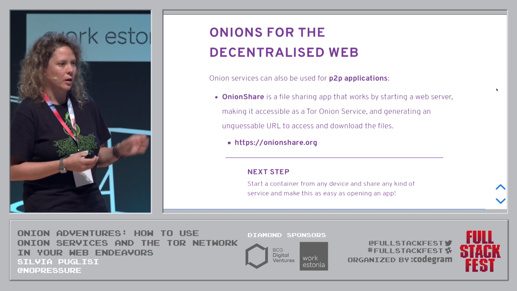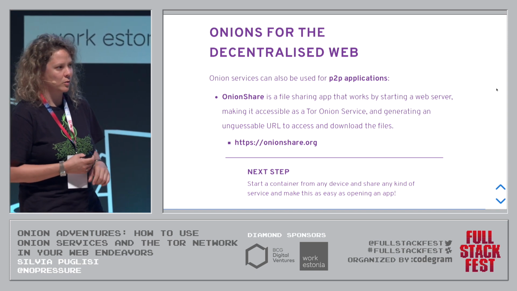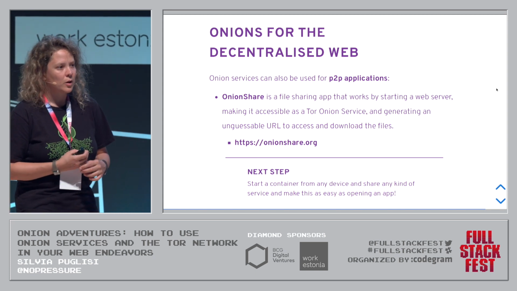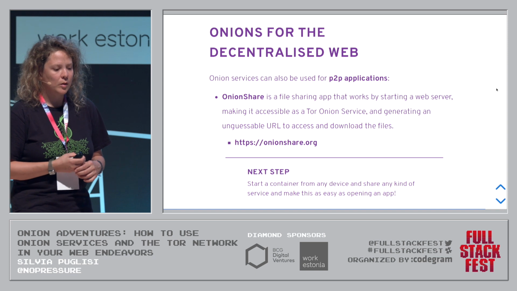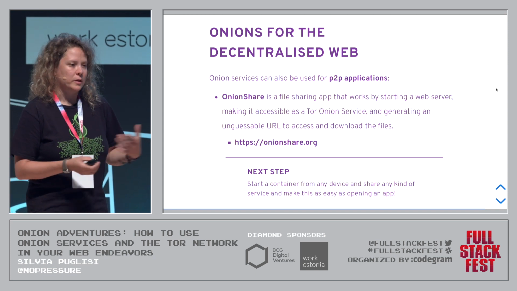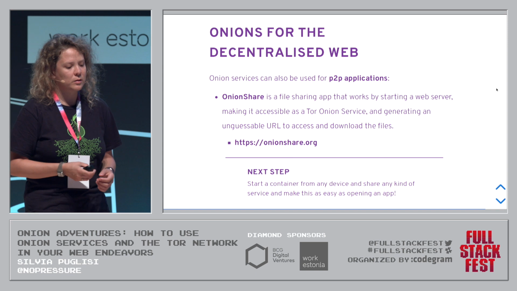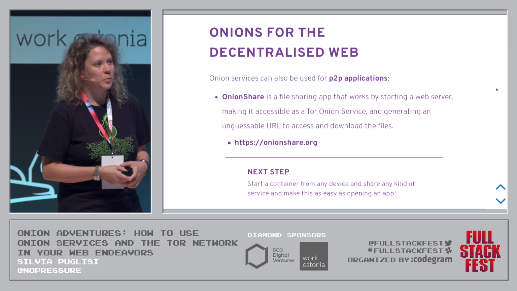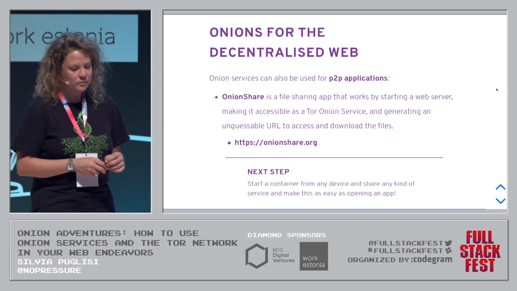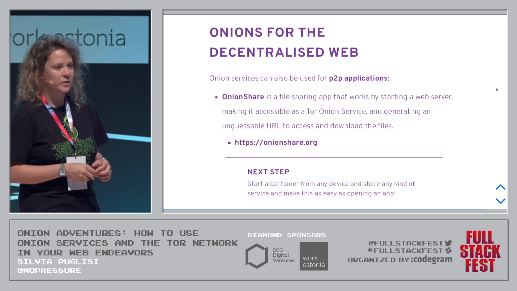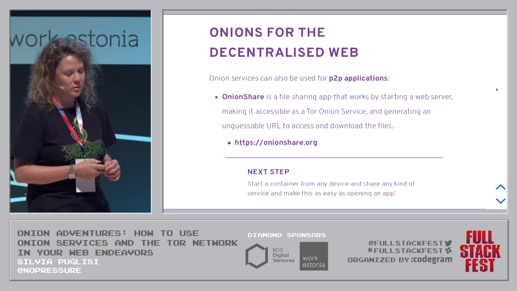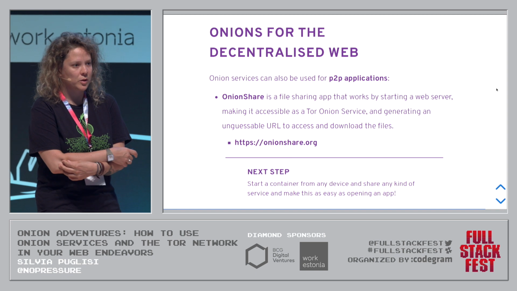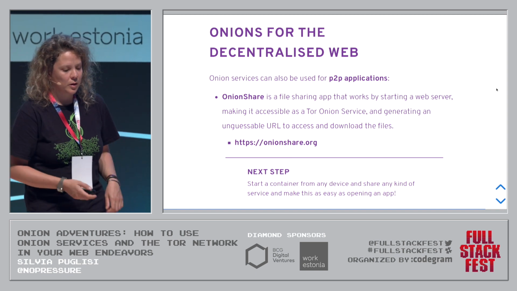You actually get a counter of how many people have downloaded the file that you shared, so that in case someone learned your Onion service, you will know that lots of people have downloaded the files. And that's it. You close the app, and it's basically done. It's shared safely, and it's shared peer-to-peer, because it doesn't even go on the network. It's shared over the Tor network, and that's it.